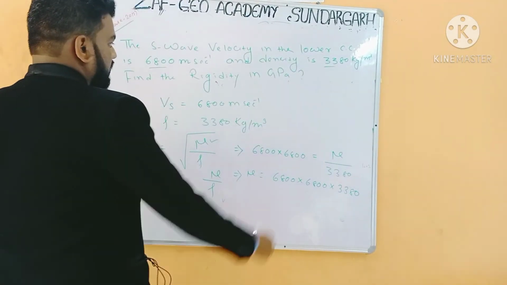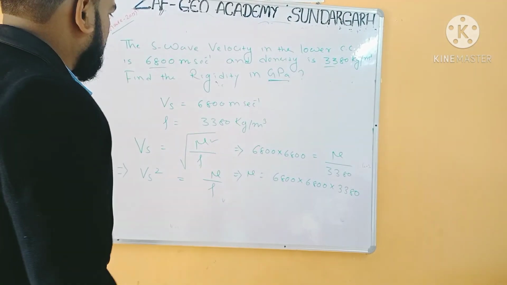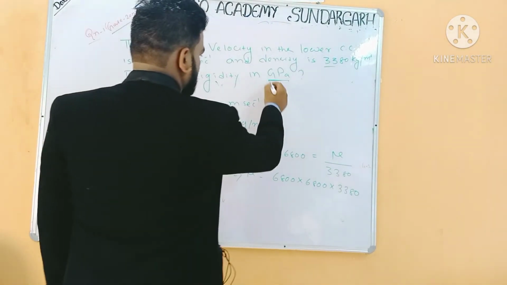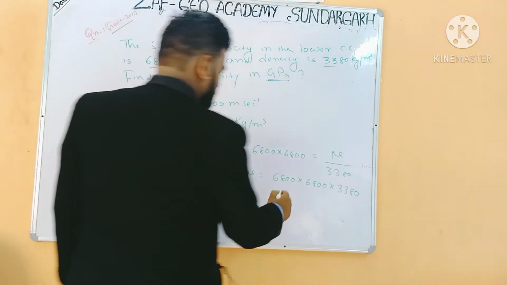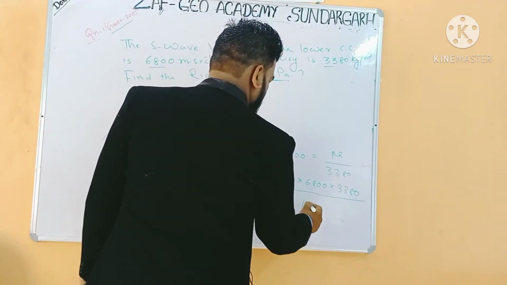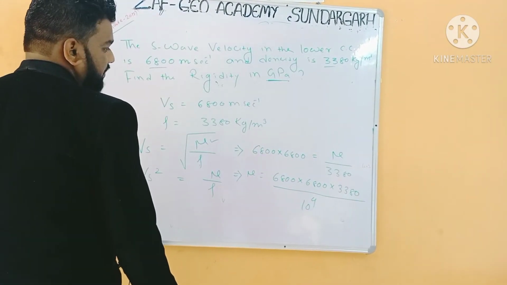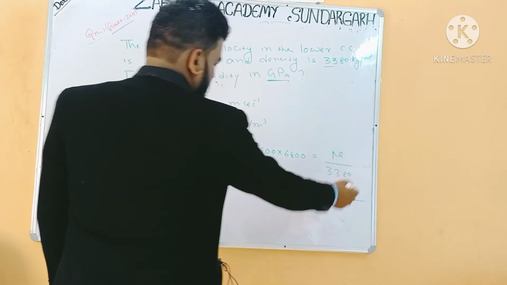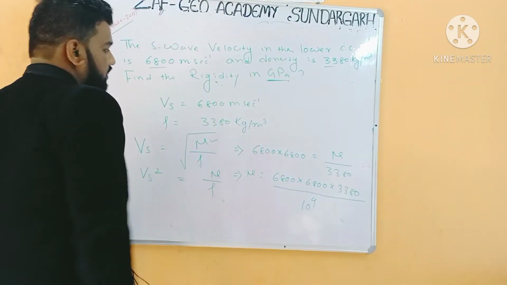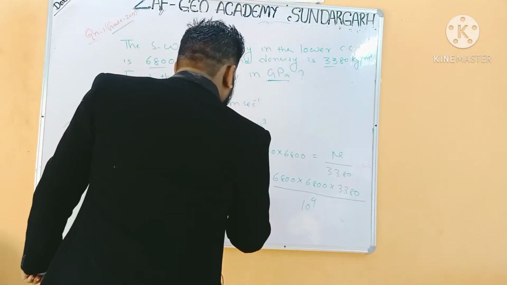Now look at the unit. For gigapascal, we have to divide by 10 to the power 9. If he had asked about pascal, then this would be our answer. But since he is asking in gigapascal, 10 to the power 9 will be divided.